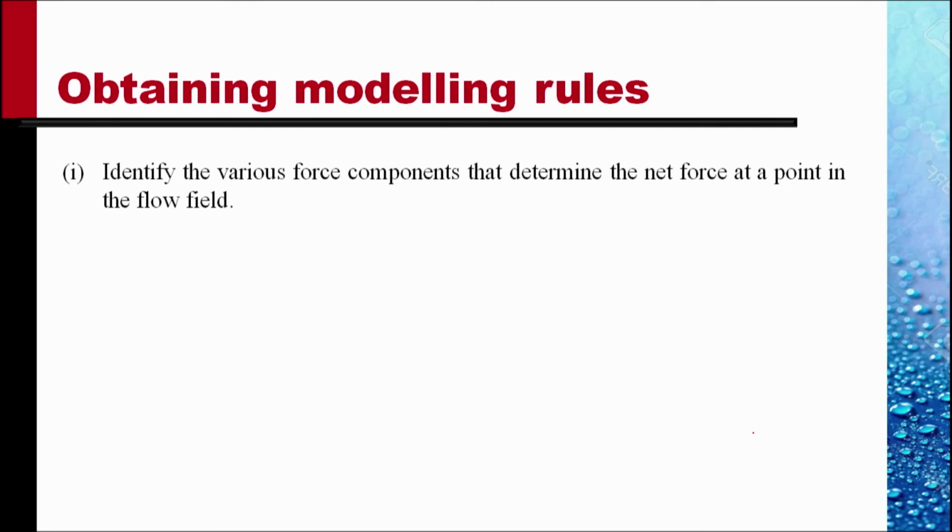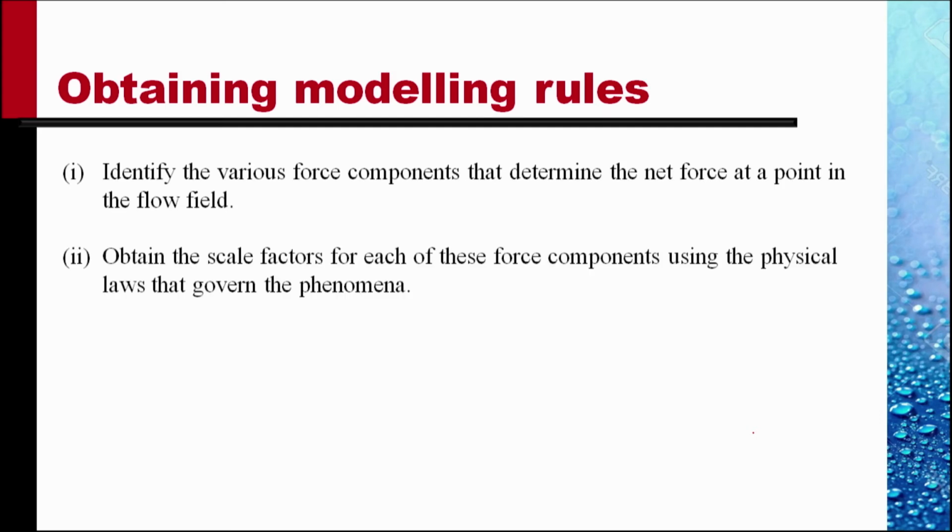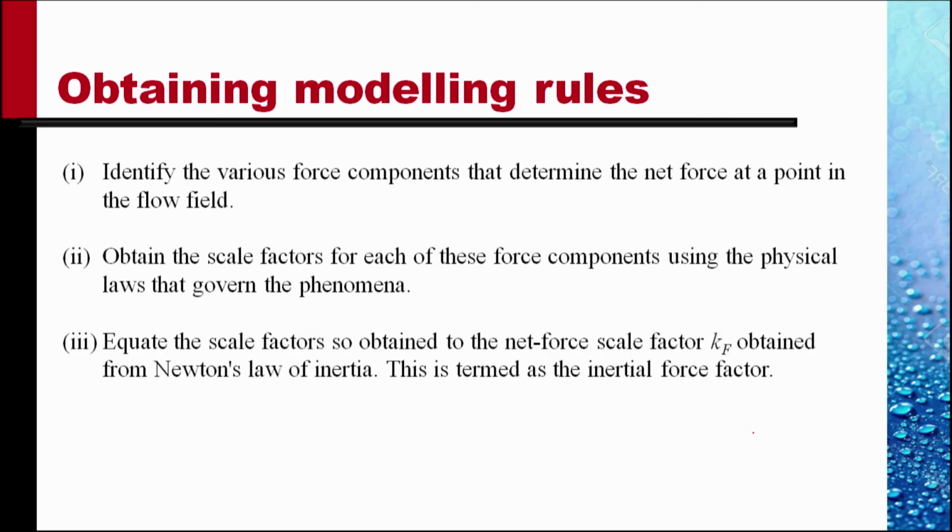So the method consists of identifying the various force components that determine the net force at a point in the flow field, and obtaining the scale factor of each of these force components using the physical laws that govern the phenomena. Then equate the scale factor so obtained to the net force scale factor Kf obtained from Newton's law of inertia.